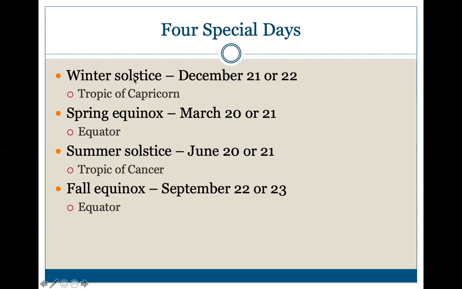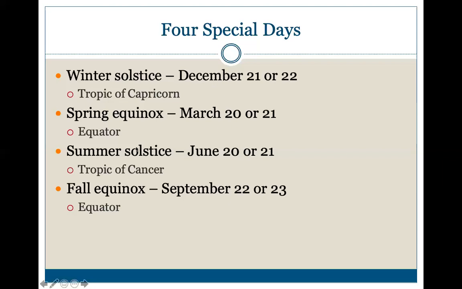On our winter solstice, the sun is shining directly over the Tropic of Capricorn at 23.5 degrees south latitude. That means that the southern hemisphere is getting more direct rays of sun than the northern hemisphere. So the southern hemisphere is in their summer, and the northern hemisphere is in our winter. That is our shortest day of the year.